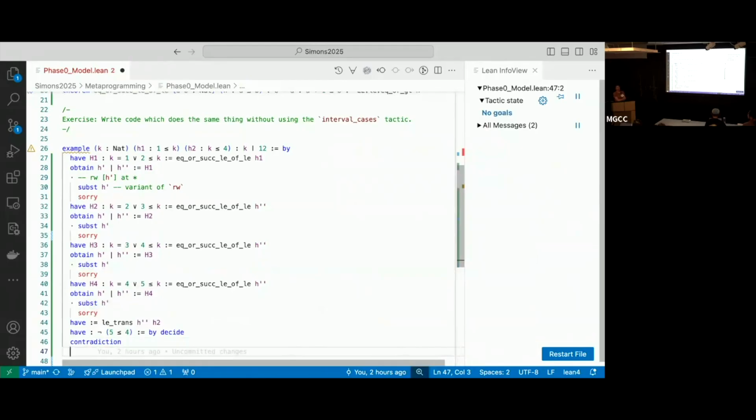And it just invokes the actual algorithm for deciding the truth or falsehood of such facts. I know that's not very instructive, but by comparison, this would not work over the reals, because the real numbers are represented as equivalence classes of Cauchy sequences, and that's not a decidable theory. So last week we would have used norm num for this.